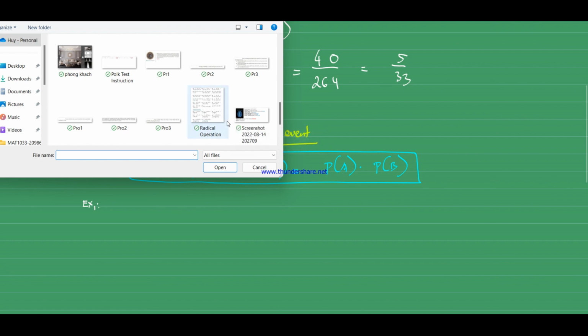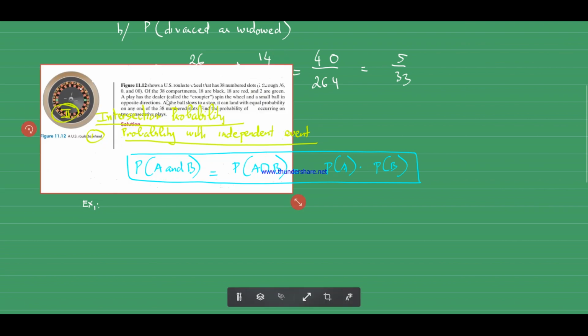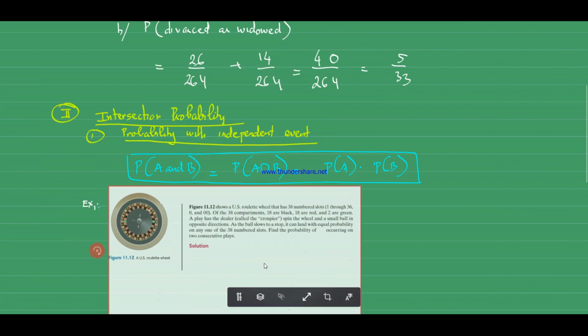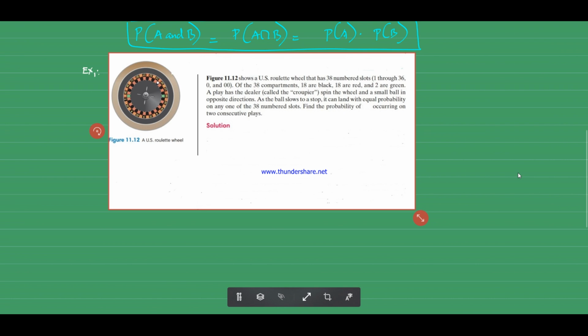Okay, for example, I have a problem like this. Let's use a different color here. So we have a roulette wheel, and we have 38 slots.